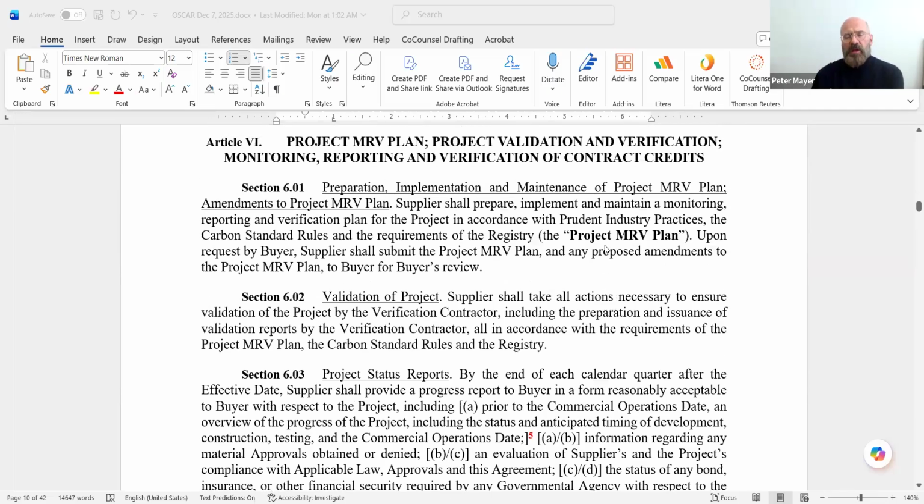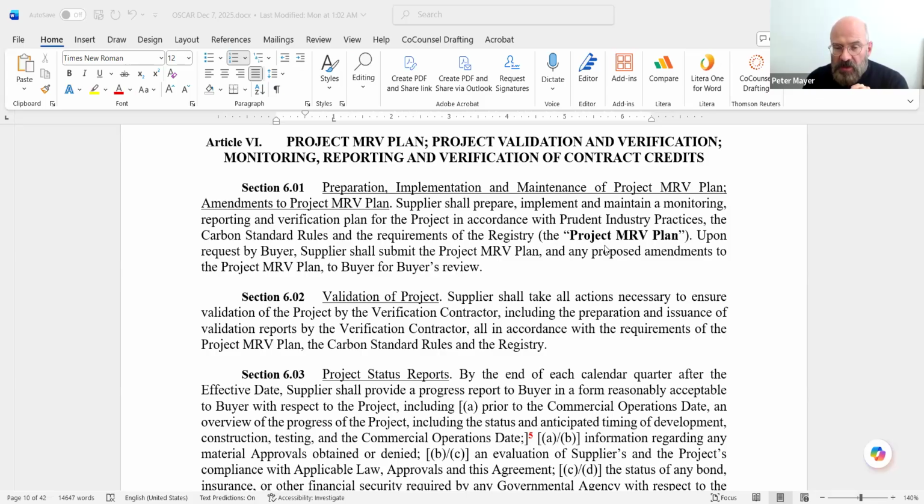Maybe we'll talk about the MRV plan a little bit. What's critically important for every buyer in a CDR transaction is obviously that the credits are being issued properly, and that they are certified properly.